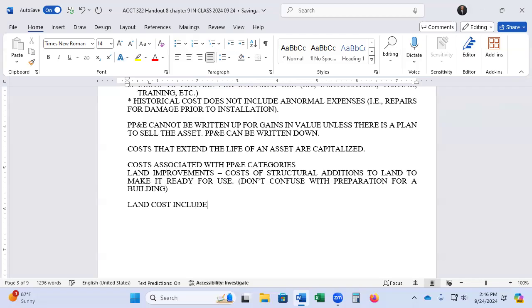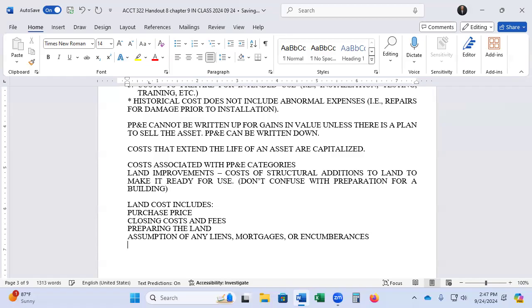Land cost includes purchase price, closing costs and fees, preparing the land, assumption of any liens, mortgages, or encumbrances.